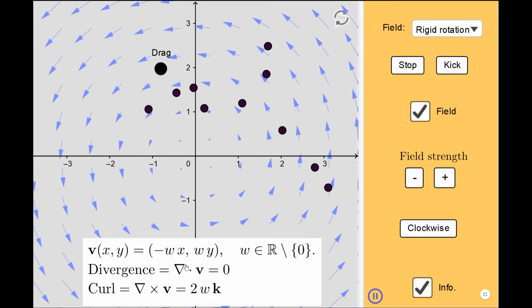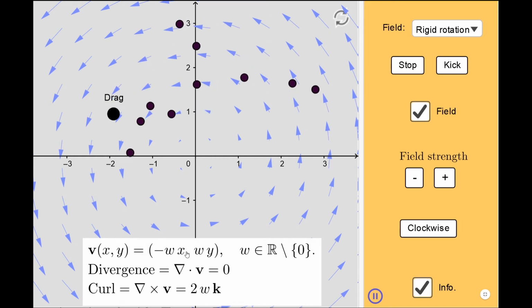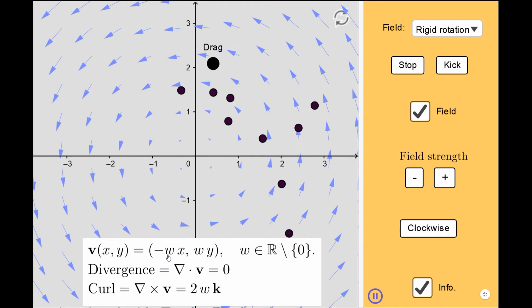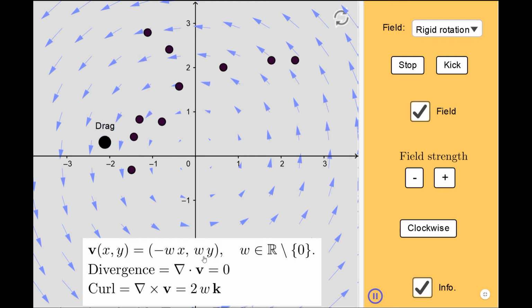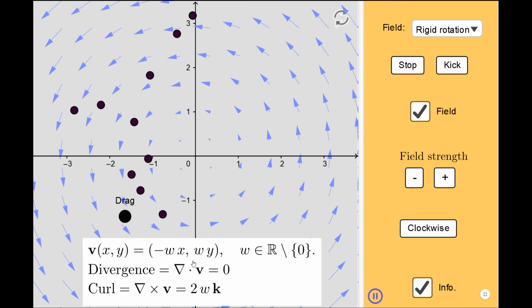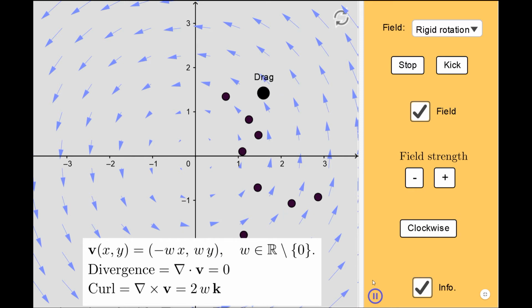This one is actually, let's see, when X is positive, it's going to the left. So the W is a positive number here. I'm sorry, when Y is positive, it's going, yeah, I think that's a typo. I think this is minus Wy and then Wx.